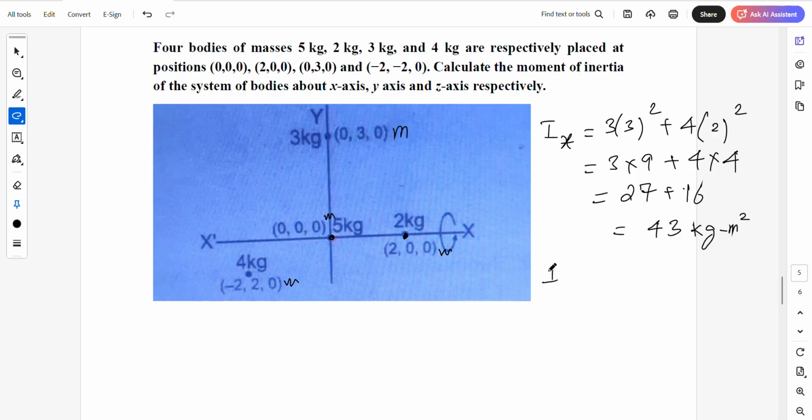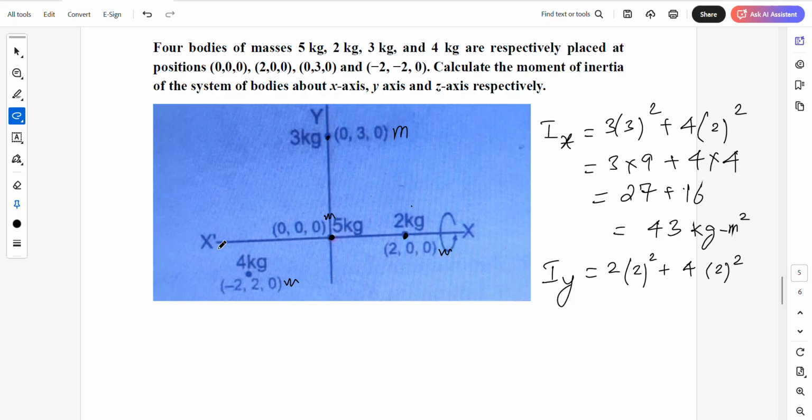Hope you understood. Iy is equal to what? Where is Iy? Y is this one. So the contribution of this one will not be there here, and the contribution of this one will not be there. Only this and this mass will be there. So here 2 at a distance of 2 the whole square plus one more mass, kept at a distance of 2 meter, so 4 into 2 the whole square.